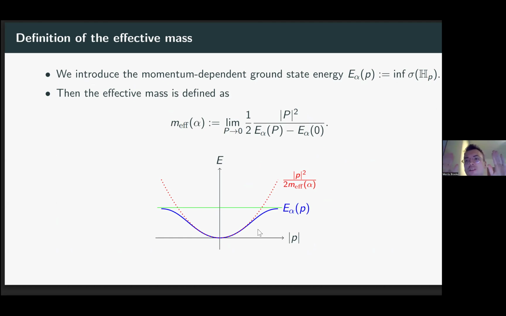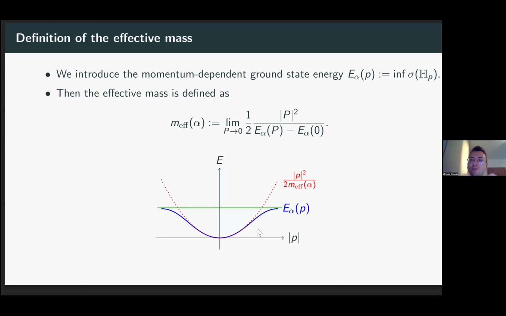So the upper bound also relies a lot on the semi-classical correspondence principle. However, the problem we had for the upper bound is that we've proven a semi-classical correspondence principle, so we're able to compute the energies E alpha of P up to errors that are small in alpha. That is what semi-classical gives you. So we could say E alpha of P is like E alpha of 0 plus something that is alpha minus 2 plus something that is alpha minus 2 minus epsilon.